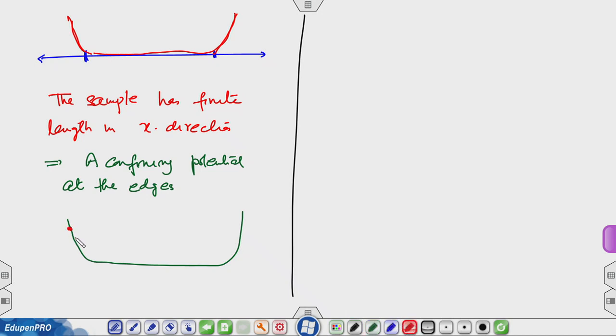And there are these Landau level states, all the way like this, and they will be filled up to some E Fermi.